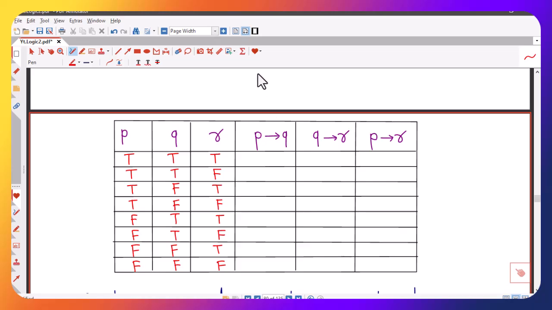Now for P implies Q, this is a conditional statement, and we remember that this conditional statement is false if P is true and Q is false.